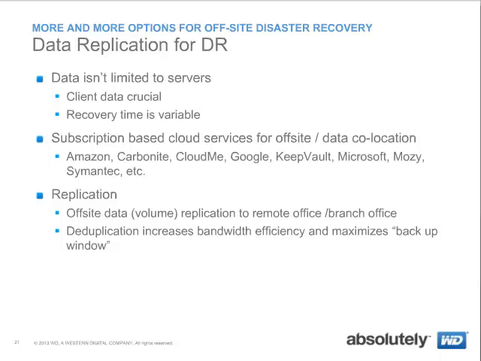Deduplication allows us to increase our bandwidth efficiency by only backing up the data that's changed in the backup window. So when you're looking to replicate overnight or whatever your replication window is, deduplication and compression within that can actually make better use of a lower bandwidth connection between offices.